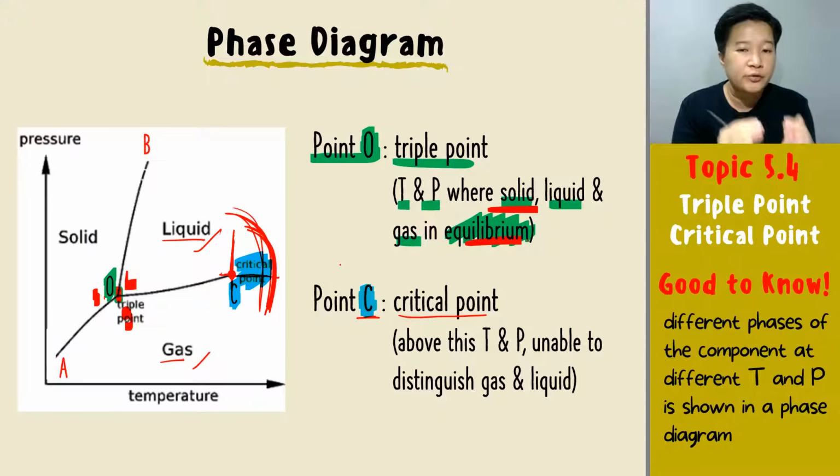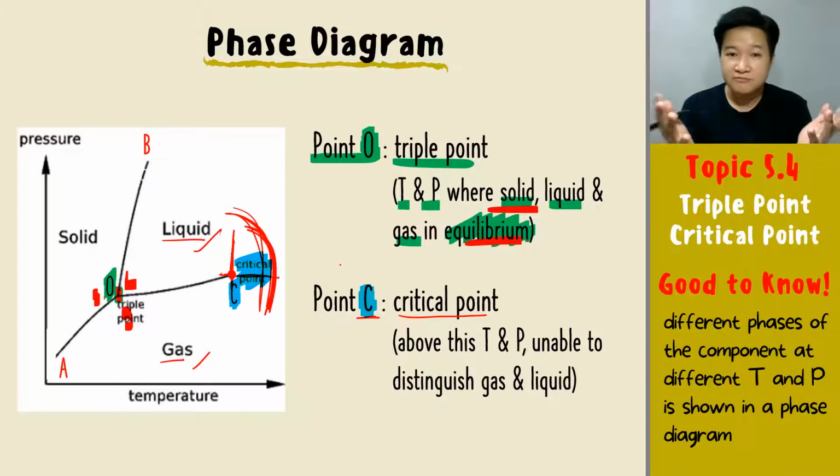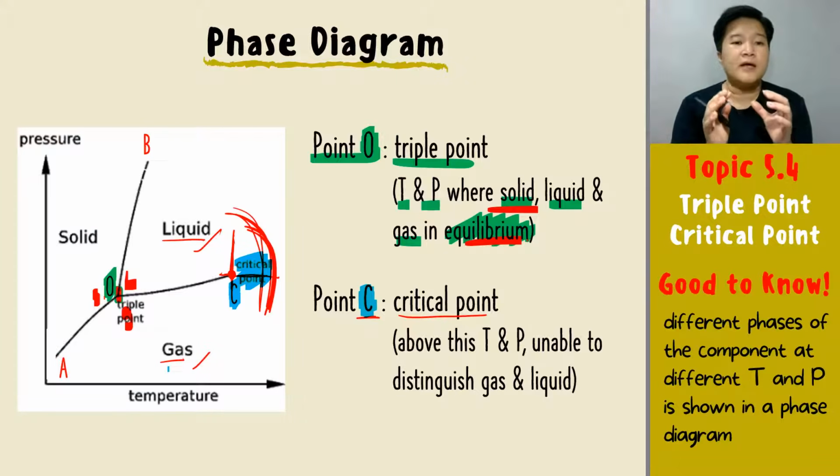That is what critical point stands for. Anything above the critical point, we are unable to distinguish liquid and gas. See that? Simple. So that is all the basic, general things about a phase diagram that you need to know. Let's go into detail.